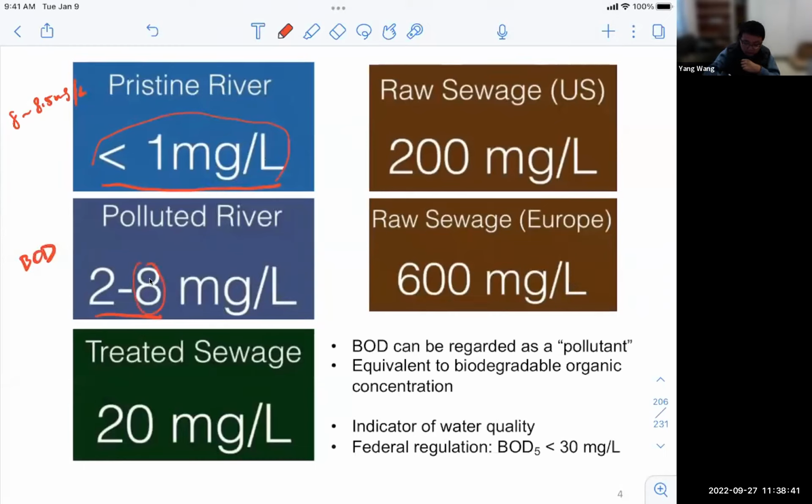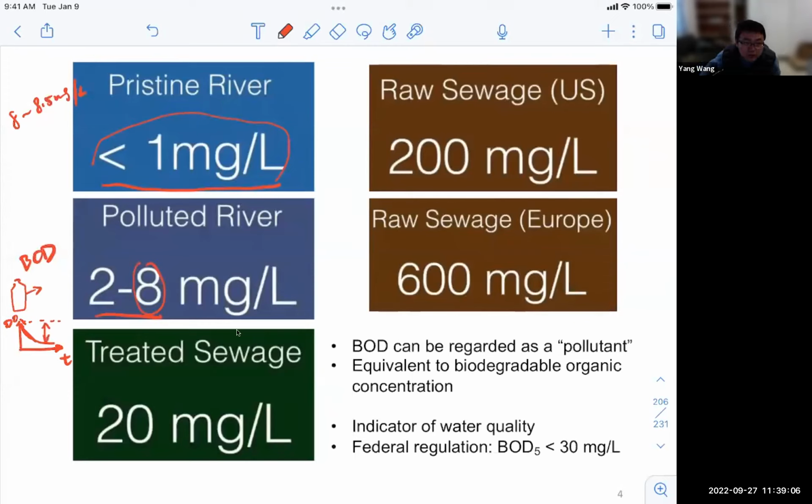For example, if you take a water sample from the polluted river, bring a bottle to the lab and measure how the dissolved oxygen changes with time, you're going to see a decrease and then reach a certain level. Basically, you're going to consume the oxygen in the water.